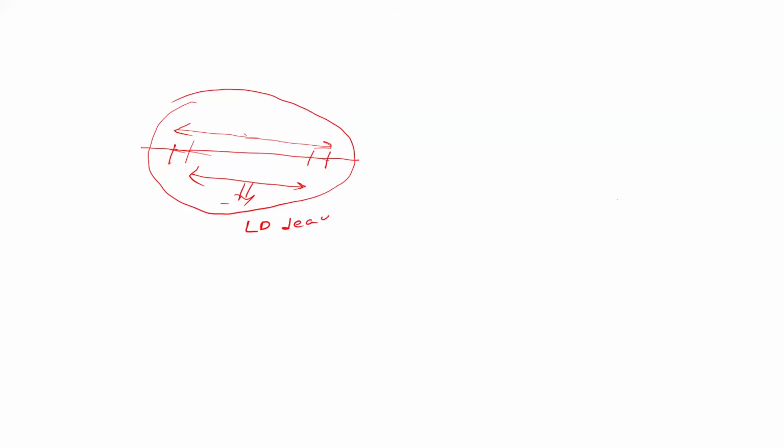LD decay. If the recombination is high, then LD decay will be high. Okay, and LD decay can be visualized by using this r square value.